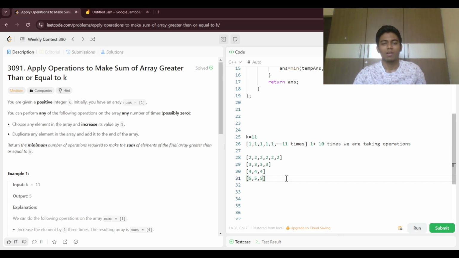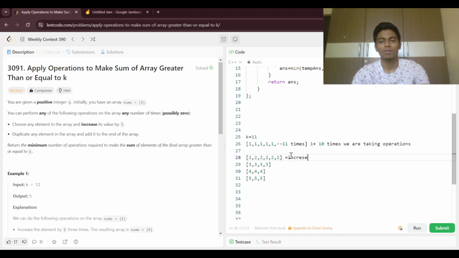Out of all these, what are the operations which are taken? For this I'm going to increase to 2 for that one operation, and then I'm going to have 3 plus 3 duplications, which is going to be 5 times. So this is going to be 6 as the answer.